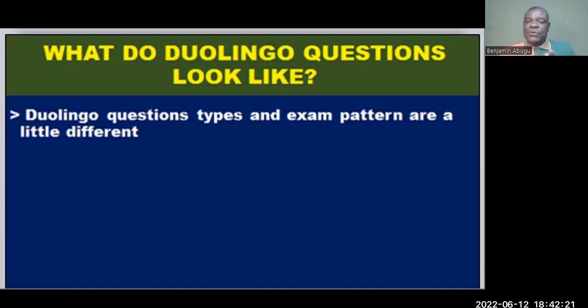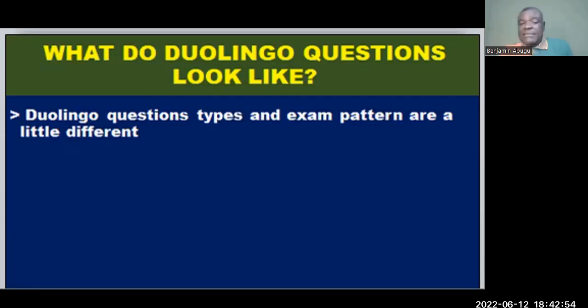Now, when you look at the Duolingo questions, you discover that the questions are not grouped section by section as you find in IELTS. They don't have separate sections for reading, writing, listening, and speaking. All of these are tested during the adaptive test, okay?